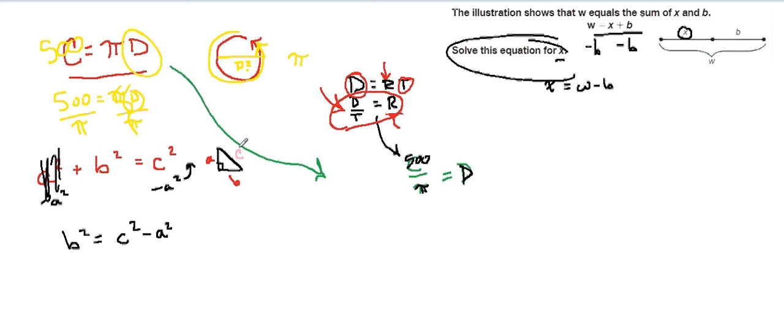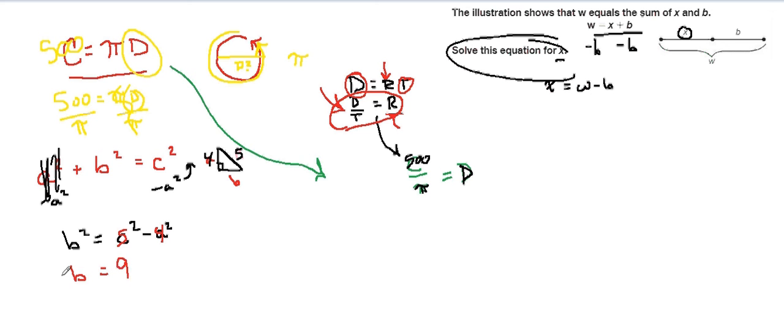Then if they ever told us that c is 5 and a is 4, and we don't know b, we could just put that in. 5, 4, right? 25 minus 16 is b squared. 25 minus, okay, yeah.